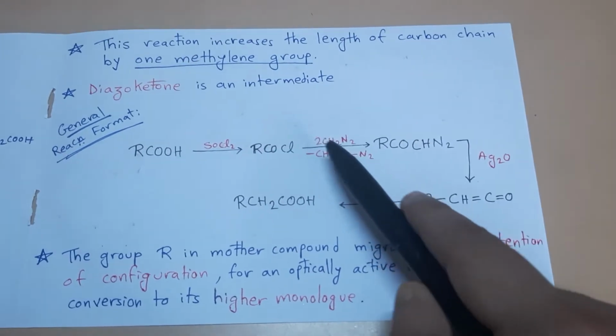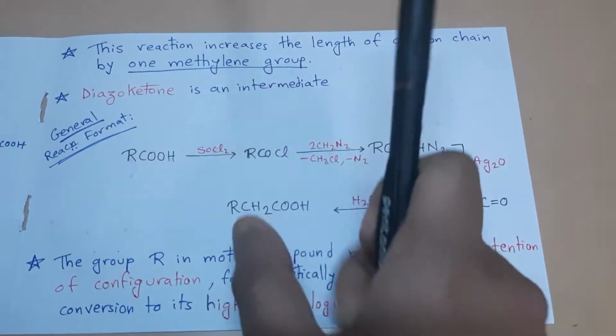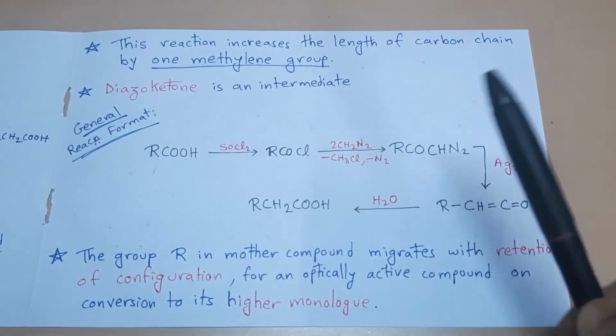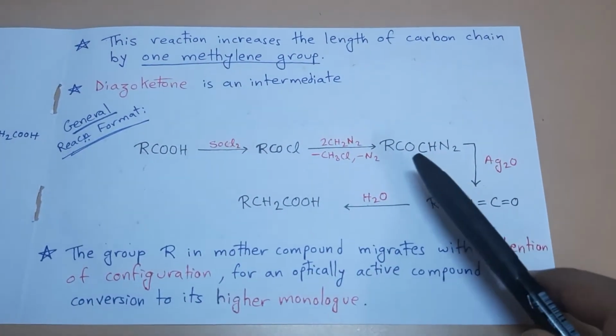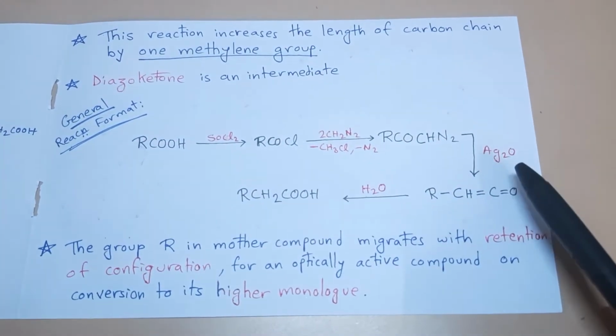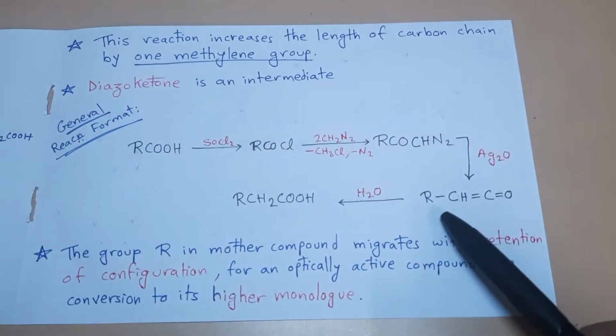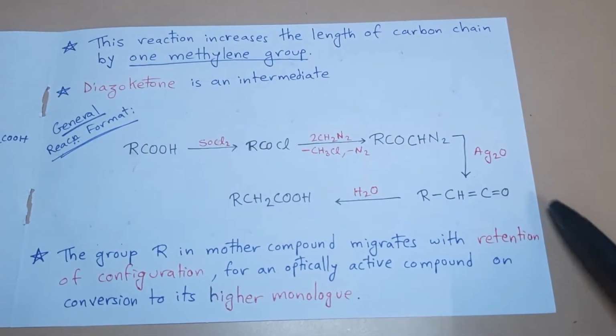Then the diazo compound is exposed to this intermediate, and it becomes a diazoketone. The diazoketone, on reaction with Ag2O, which is silver oxide, becomes this compound.